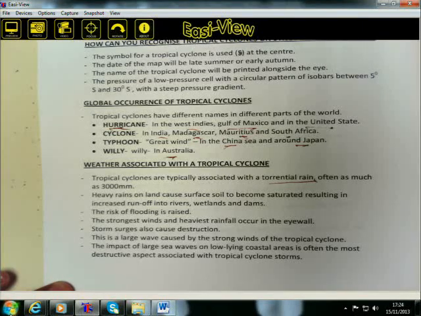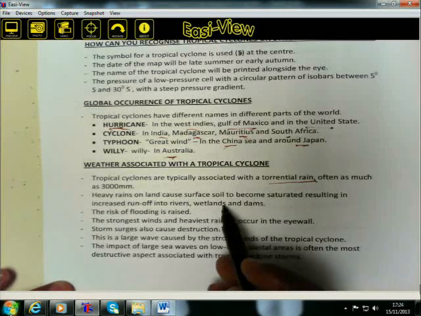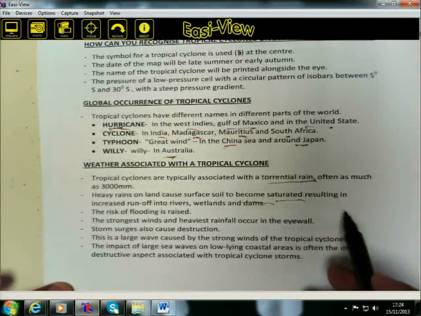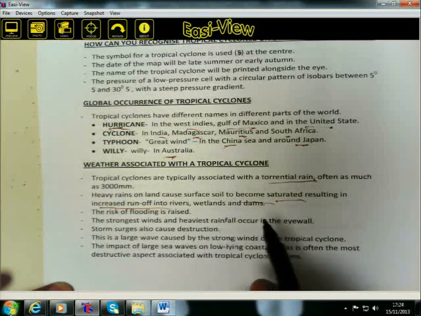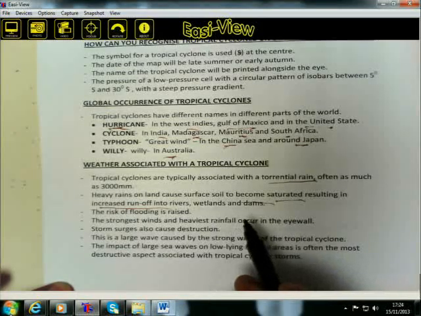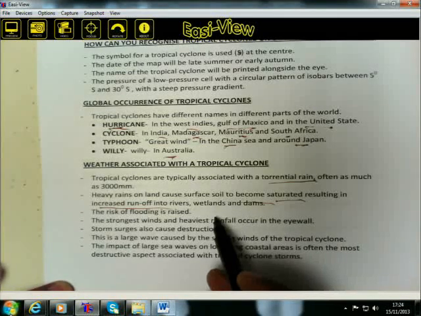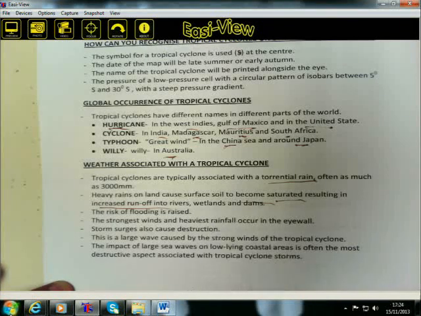Another one, the heavy rains on the land cause surface soil to become saturated, resulting in increased runoff to the rivers, to the wetlands, and to the dams. More water runs to the rivers and dams within a short space of time because of the tropical cyclone.